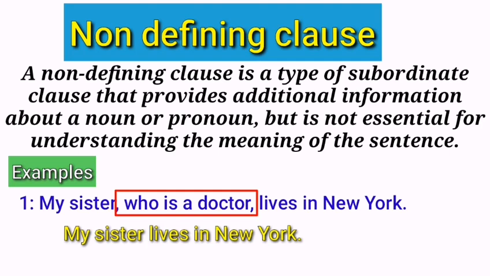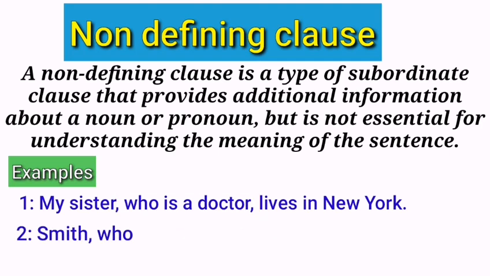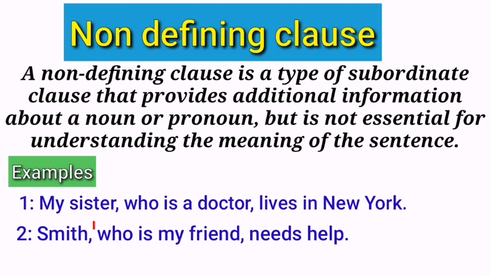The next example is, Smith, who is my friend, needs help. Observe this one, the group of words, who is my friend, is a non-defining clause. Because it describes the noun, Smith, and it adds additional information. And it is also separated with commas.